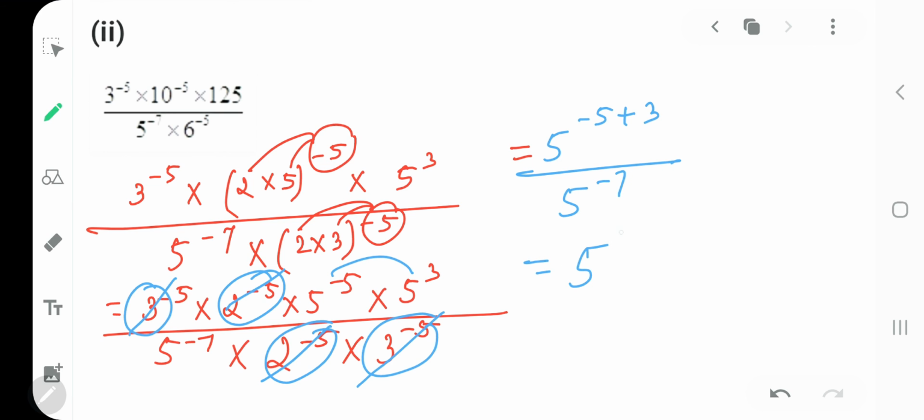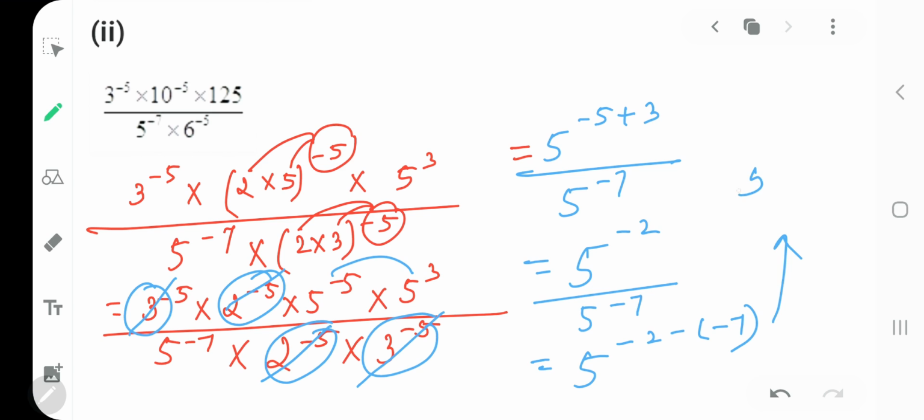So that will be 5 raised to minus 2, 5 raised to minus 7. My dear kids, when the exponents are in division, you have to subtract. So 5 raised to minus 2 minus minus 7. So that will be 5 raised to minus 2 plus 7, and your answer is 5 raised to 5. Yes, you have to open this and write the answer.